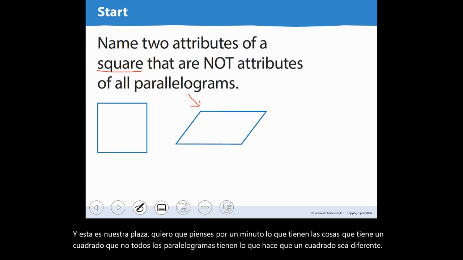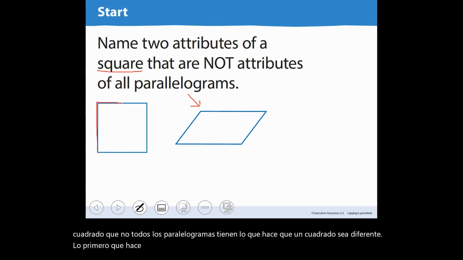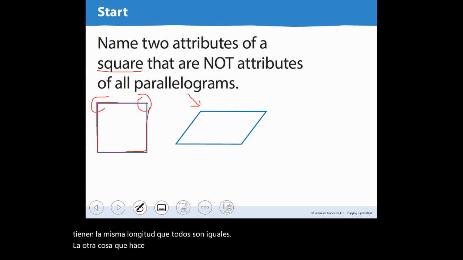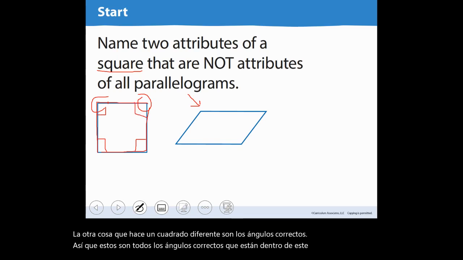The first thing that makes a square different is that all the sides of a square are the same length. They are all equal. The other thing that makes a square different are the right angles. So these are all the right angles that are inside of this square. They all make a perfect L.